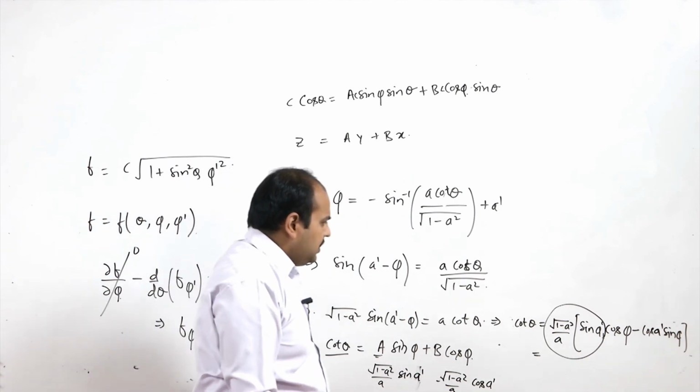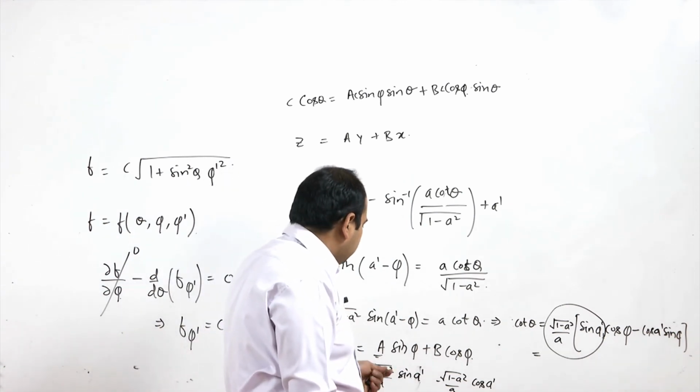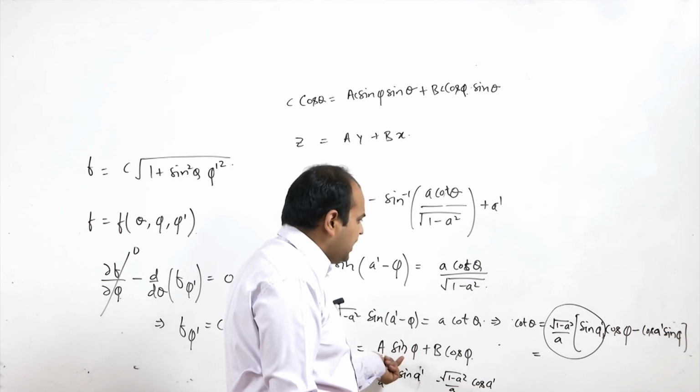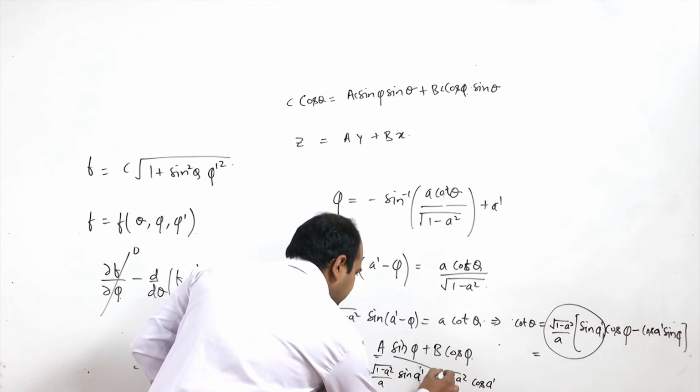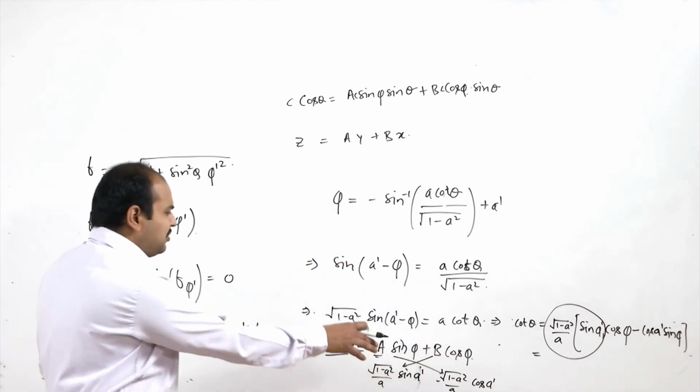Here I have to look at the coefficient of sin phi is A, and if you look at this, it is interchanged, so your A is this and B is this, so that you can simplify.